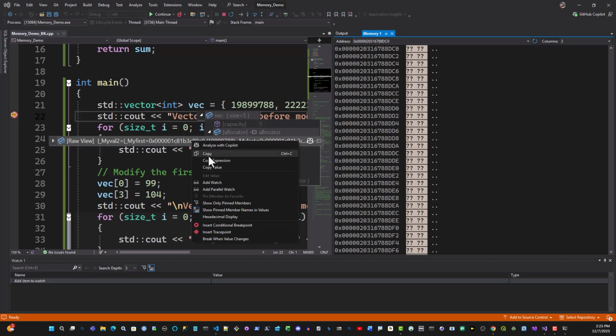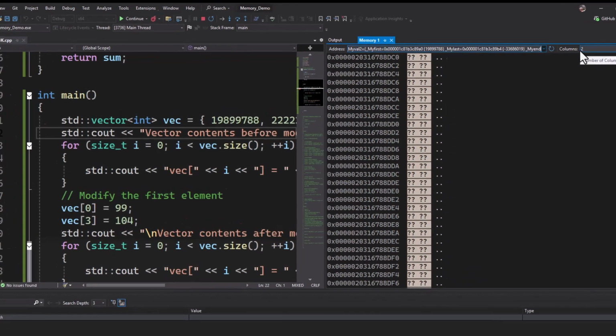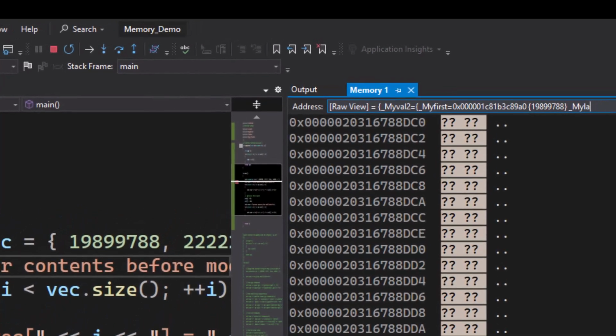So I'm going to copy this and paste it into this memory panel. And I'm going to backspace it till I get to my first, and I'm going to stop right there. And then I'm going to remove everything in front of that. So now I've got a memory address, which is the hexadecimal portion of this.